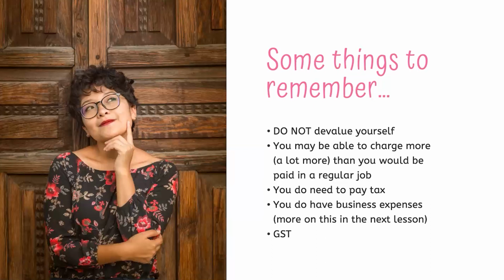So make sure you're clear about how much tax you need to pay. And I always think it's a good idea to talk to your accountant to understand all of your tax obligations. But also, usually you can find a calculator of some sort on the government website to help you work out what your tax is likely to be. But for me, I always prefer to have a bit of expert advice on the tax side of things, because it's definitely not my area of expertise and I don't like surprises.